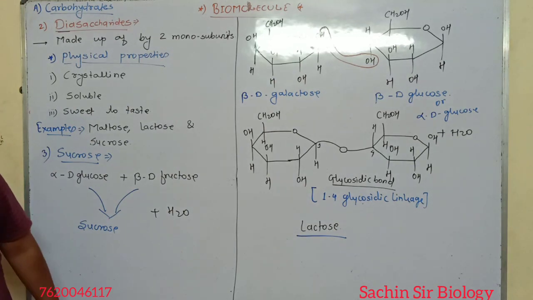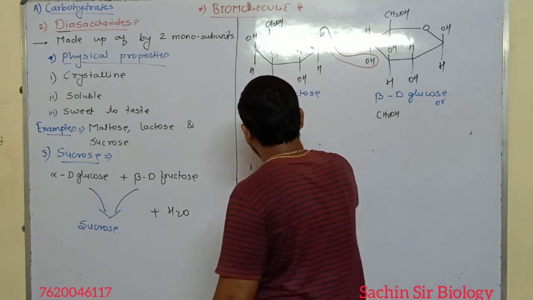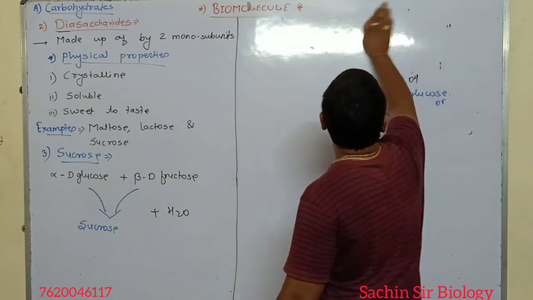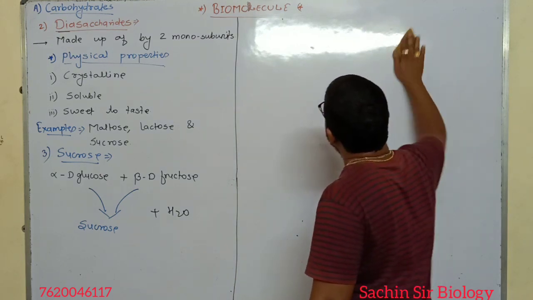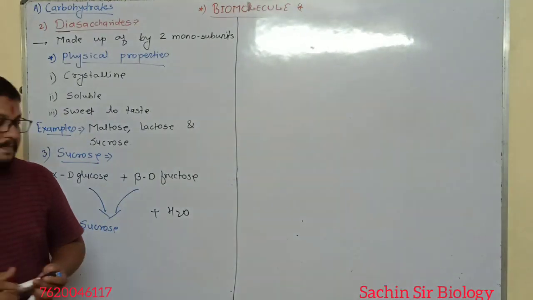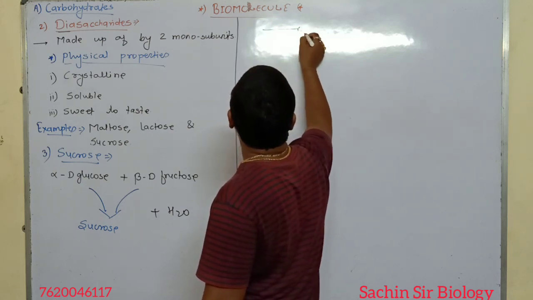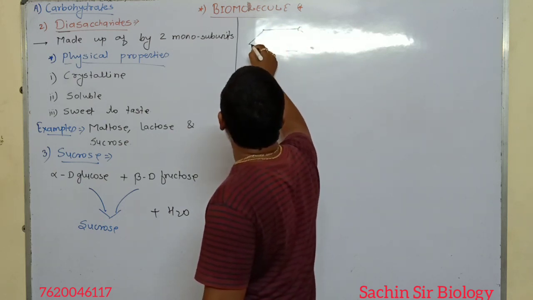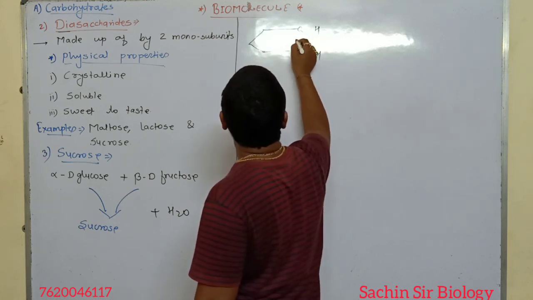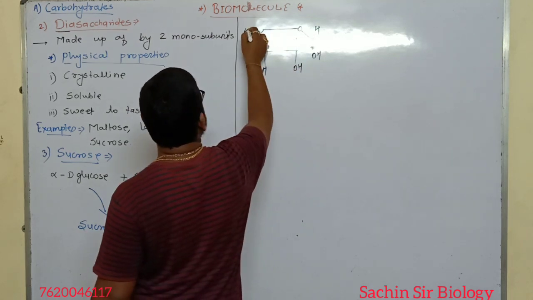Understand? Now how does it happen? See, alpha D glucose again has the ring structure, you know very well, my dear friend.